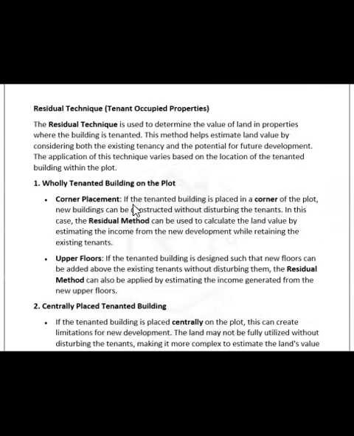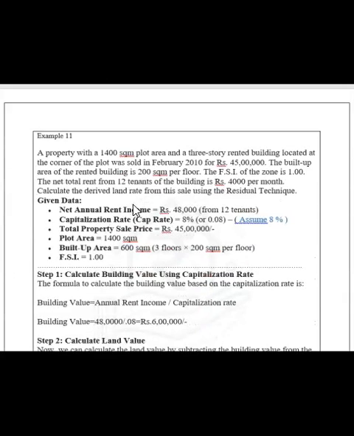Let us first do one example, residual technique for tenant occupied property. A property with 1400 square meter plot area and a three-story rented building located at the corner of the plot was sold in February 2010 for rupees 45 lakhs.